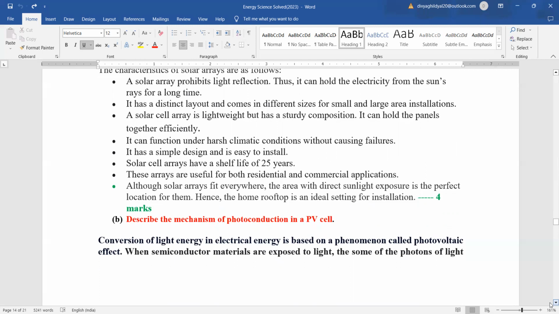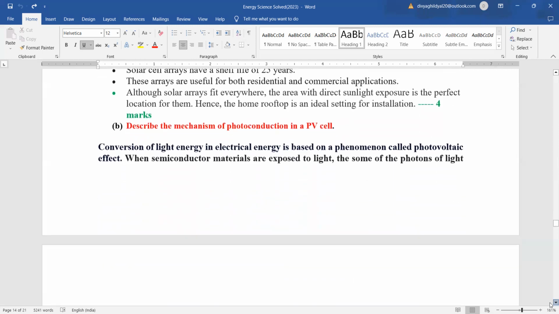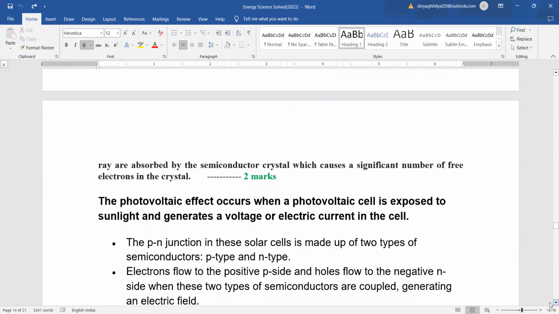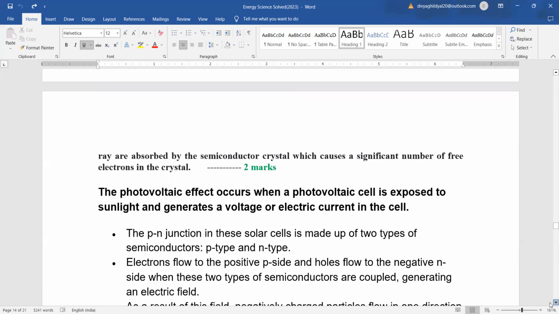Discuss the mechanism of photoconduction in a PV cell, photovoltaic cell. They have written it as PV. So conversion of light energy to electrical energy is based on the phenomenon of the photovoltaic effect. When semiconductor materials are exposed to light, some of the photons of the light ray are absorbed by the semiconductor crystal, which causes a significant number of free electrons in the crystal.